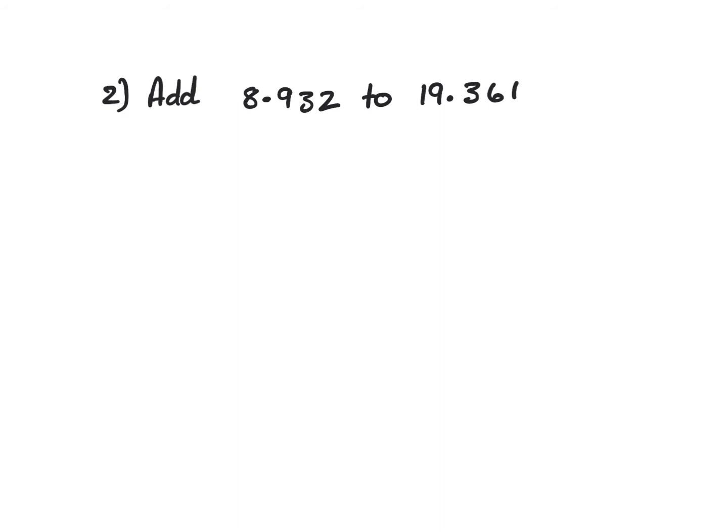Now what if we had a decimal place into the thousandths, like these ones over here? Well, nothing again really changes. So we're just going to simply write our decimals as we normally do. So 8.932, and I want to add 19.361.